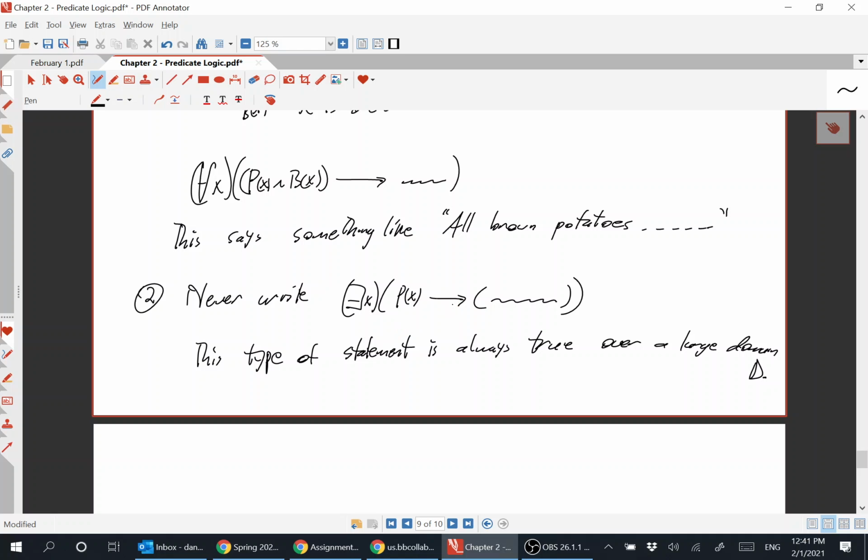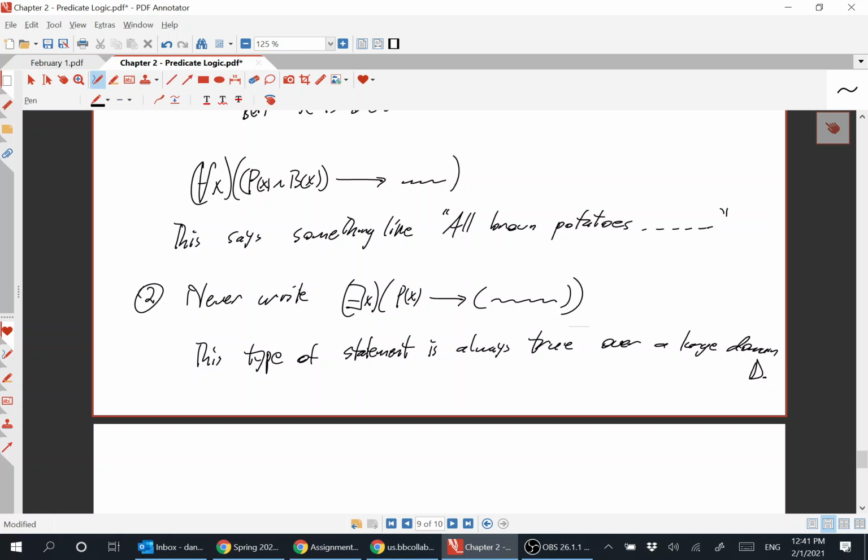Therefore it doesn't matter. When the hypothesis is false, the implication is true. How many times do we need the hypothesis to be false? Just once. If we can make the hypothesis false just once, then we have our existential thing that makes this statement true.